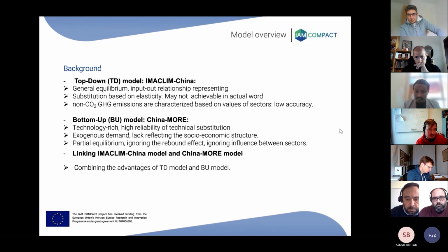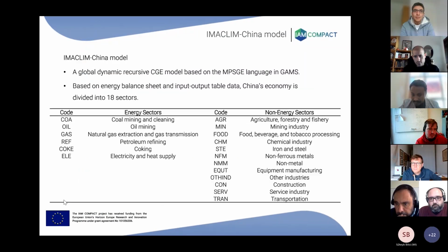But with the demand exogenous, China-Mo lacks reflection of the socio-economic structure, and the partial equilibrium structure ignores the rebound effects and the intersector impacts. So considering the advantages and the disadvantages of these two models, we also attempt to link these two models to combine their advantages and avoid the disadvantages.